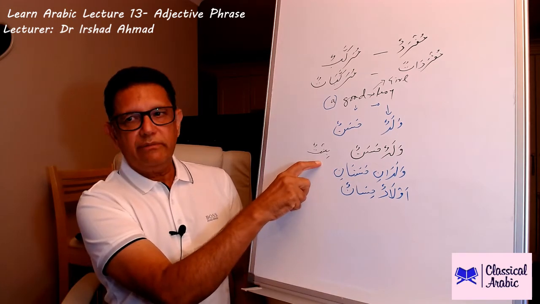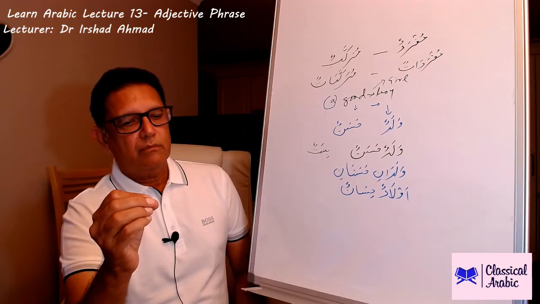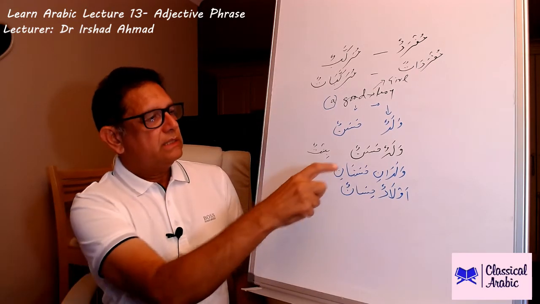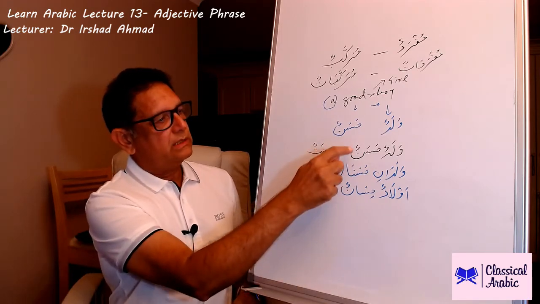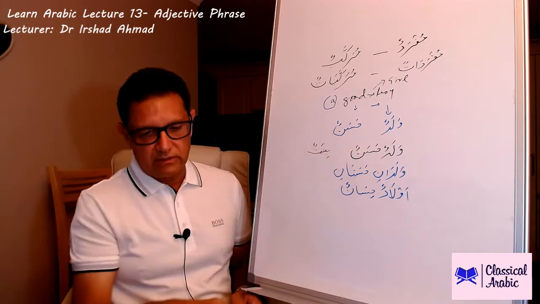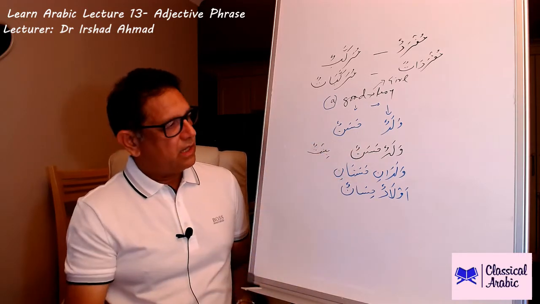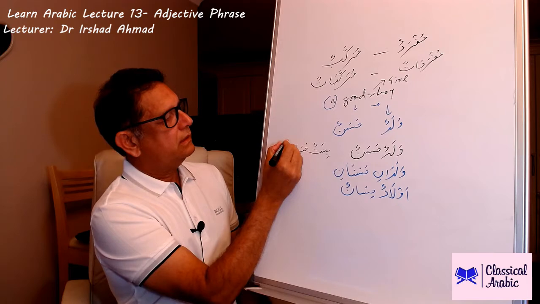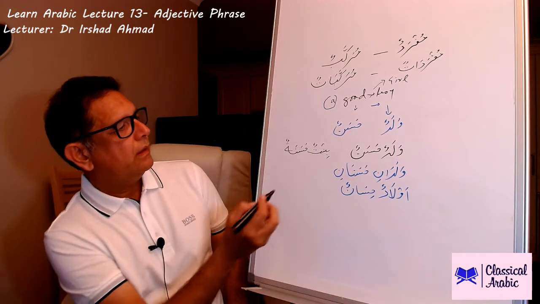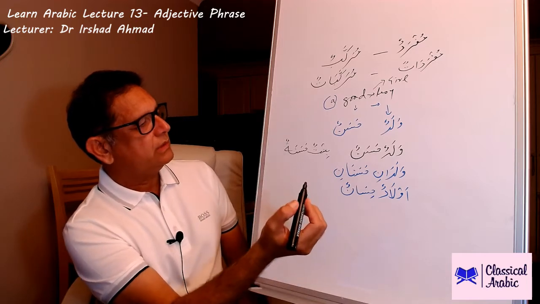But in ism sifa we can always make muzakkar into muannas by just adding ta marbuta here. So what we do here is we remove this tanween and give it fatha and then add ta marbuta. So bintun hasanatun, a good girl.